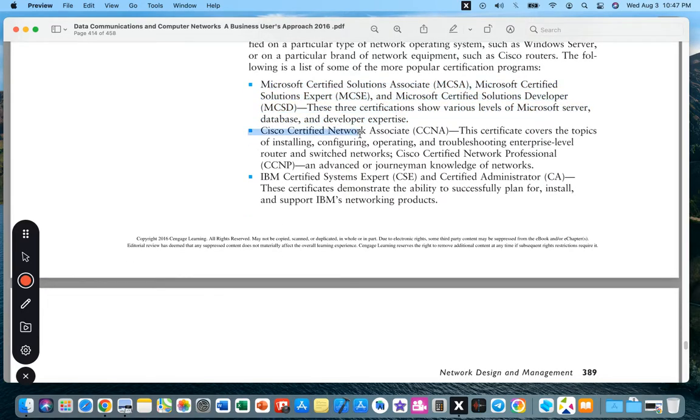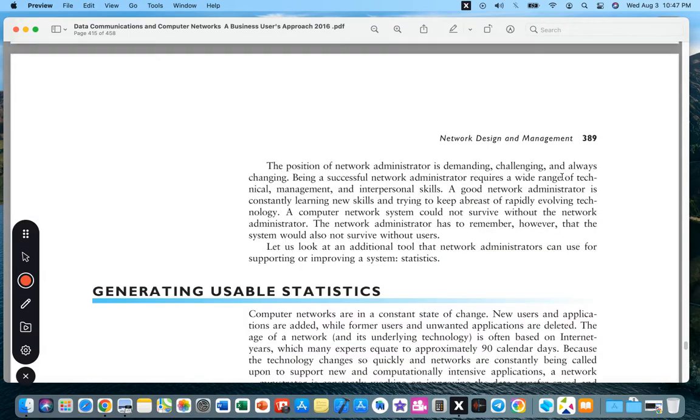Cisco CCNA, CCNP, Cisco Certified Network Professional, or advanced journeyman knowledge of networks. IBM Certified Expert, CSE, and Certified Administrator, CA. These certificates demonstrate the ability to successfully plan for, install, and support IBM's networking products.